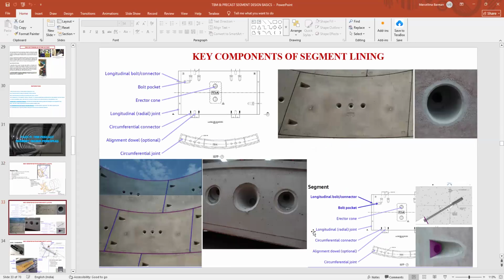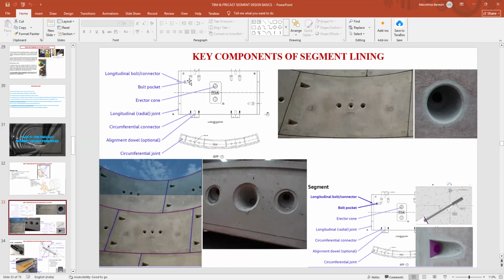Now these are the key components of the segmental lining. Whenever you see one piece of the segmental lining, you can see there are several parts. One is called the longitudinal bolt, and another is the circumferential bolt, as I told you. You can see here there are two types of bolt pockets.